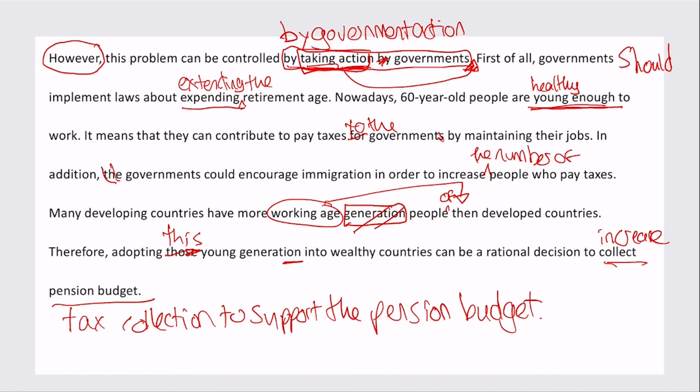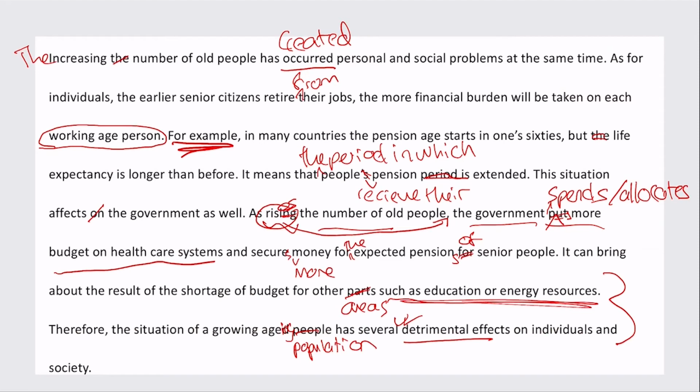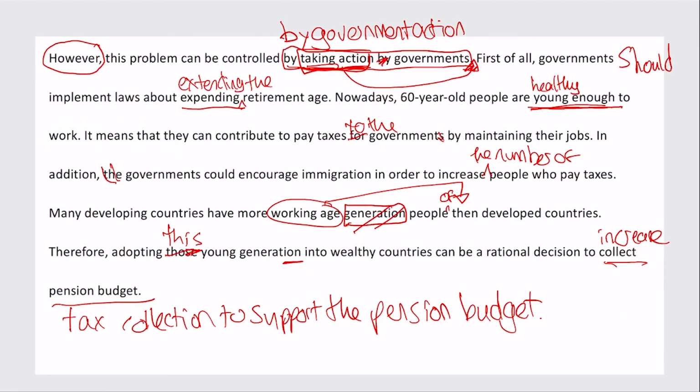Okay, so in terms of task achievement, this is a good argument that they've picked, and they've specifically linked it to the problem they identified in body 1. The problem they identified was the cost of the aging population and pension problems, and so they've recommended a solution that's linked to solving the pension problem. A problem some candidates make is they talk about two totally unrelated things.